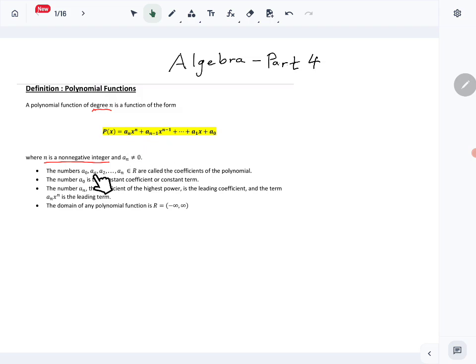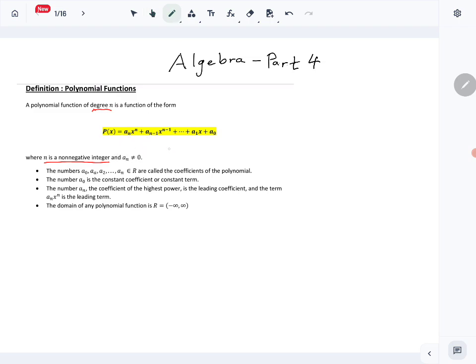These numbers a0, a1, a2 up to an are all real numbers and they are called what? Coefficients of the polynomial. And there's a special condition. An has to be non-zero. What is the degree?